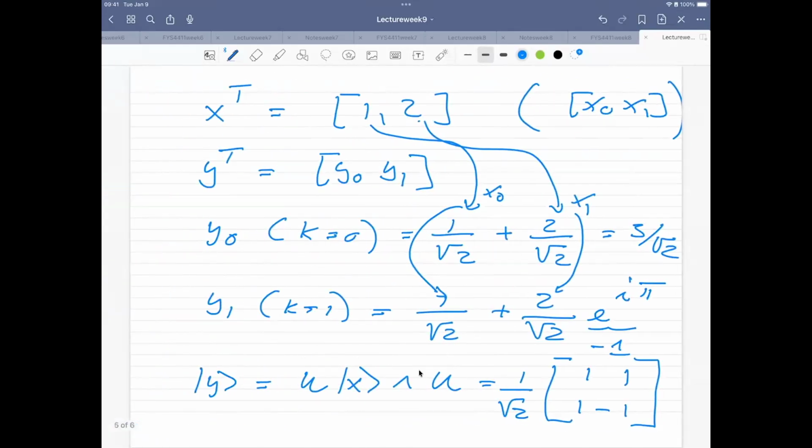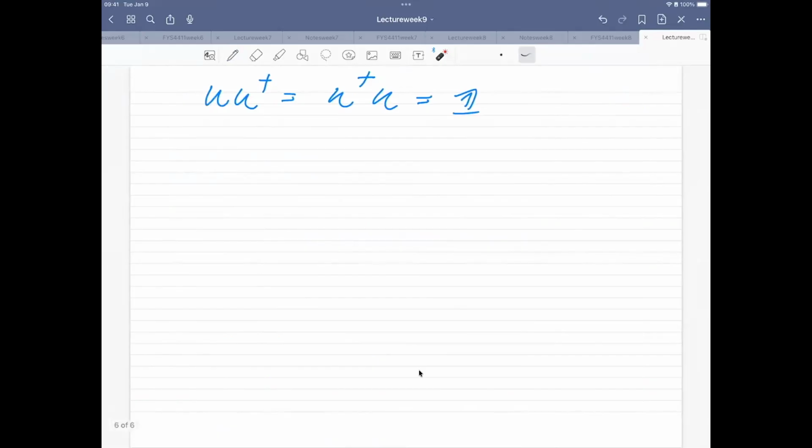You see now that if I am going to look at, let's say, 4 components, this would be a 4x4 matrix. So if the vector here has 4 components, instead of a 2x2 matrix, you're going to get a 4x4 matrix. And these matrices actually have an analytical expression. And this analytical expression is something which I will set up pretty soon now. But the thing which is interesting is that if we look at what we have here, this is a unitary transformation.